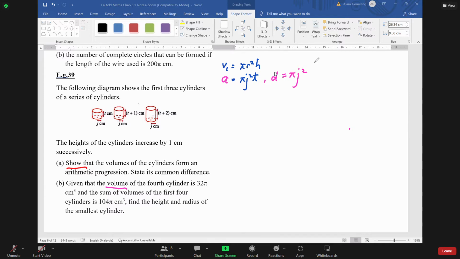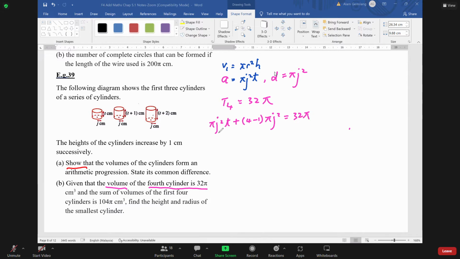So now given T4, the fourth term, the volume of the fourth cylinder, T4 is equal to 32 pi. So what is T4? a is pi j square t, plus 4 minus 1 times pi j square equals 32 pi, right?